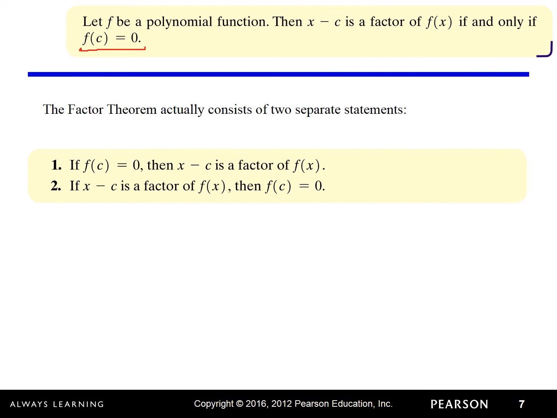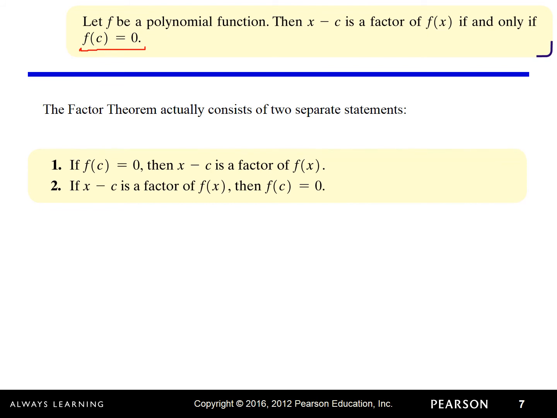And then the other statement that is part of the conjunction, which is the factor theorem, is that if x minus c is a factor of f of x, then f of c equals 0.